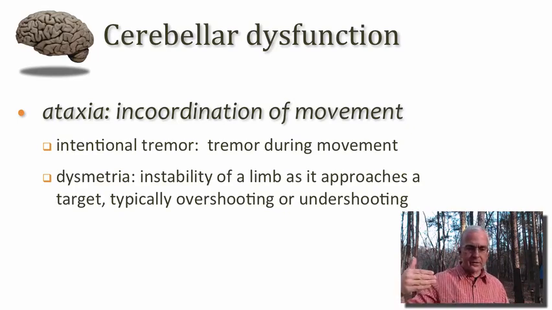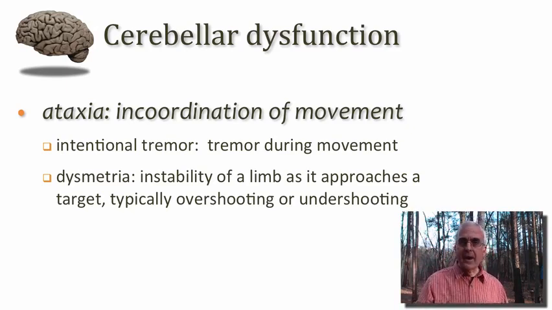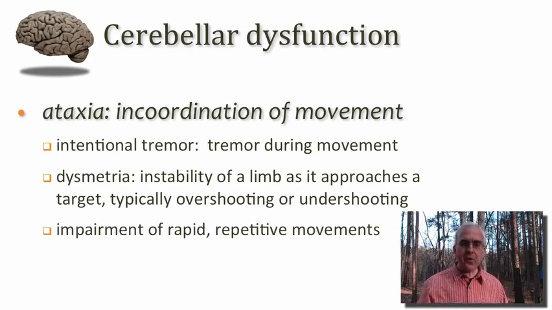So there is a dysmetria, which refers to a lack of gauging the distance that is required to accurately execute a motor skill. There may be an impairment of alternating movements that is sometimes tested in the clinic. One should be able to alternately rotate around the wrist at a fairly rapid rate.